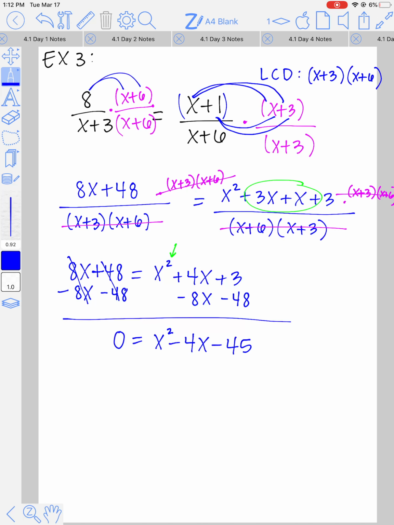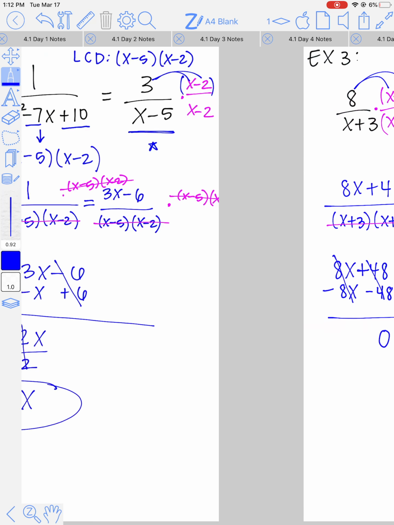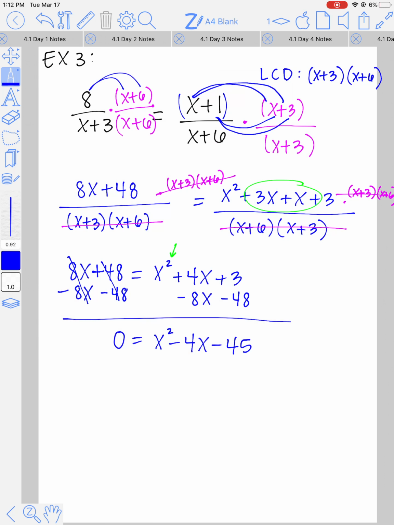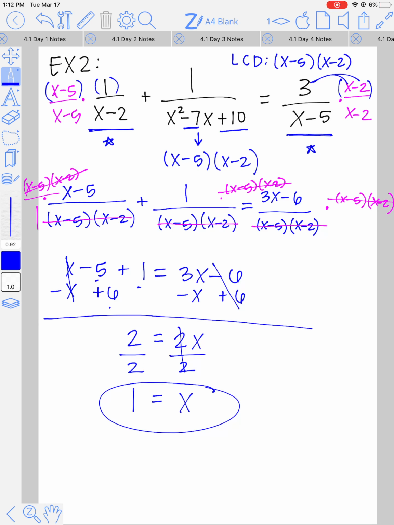Okay, so when we have a quadratic function, we will want to factor it. So again, just like we factored on the last example, we factored this denominator to get x minus 5 times x minus 2 here.